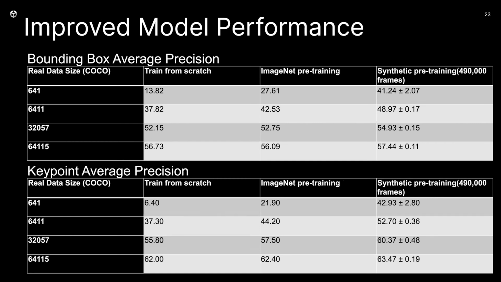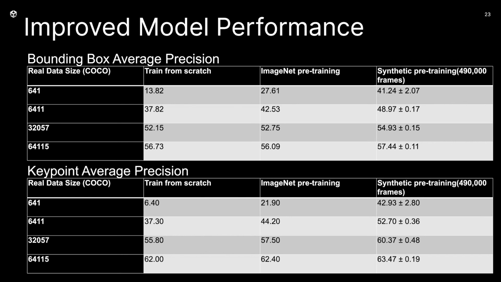Here we're showing the bounding box average precision and key point average precision, at different amounts of real data used for fine tuning. We have models trained from scratch. Trained from scratch means no pre-training. We just train on the target real world data set. Then ImageNet pre-training, which is taking the ImageNet pre-trained weights and fine tuning on the target real world data set, and synthetic data pre-training.